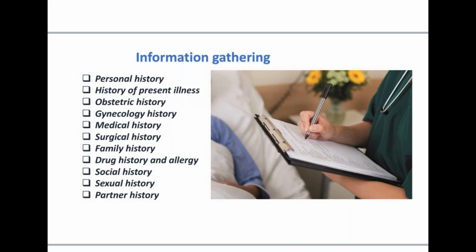We will take the full history, examine her and do everything, but we just need to know her hemoglobin A1C, because if it is above 6.5%, the pregnancy may be risky to start now. So we need to arrange 3 months of contraception and folic acid 5 milligrams, and then regulation of her blood sugar. Then we will measure it again. Once it is less than 6.5, we can advise her to go ahead with a pregnancy. She can plan that pregnancy now.